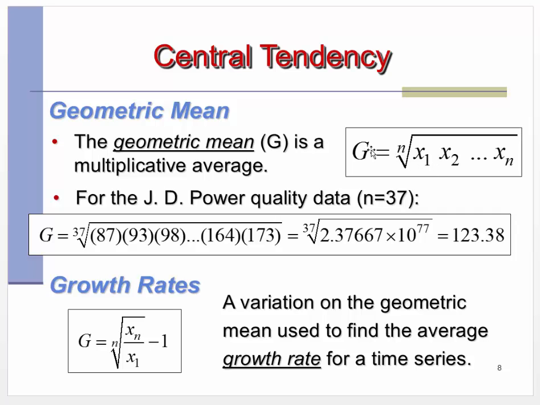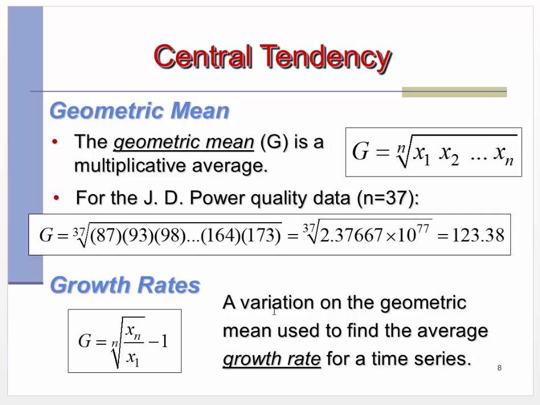That's the geometric mean. It's used in some growth rate calculations, like this quality data. You multiply all 37 of them and find the 37th root of that, and you get the number.